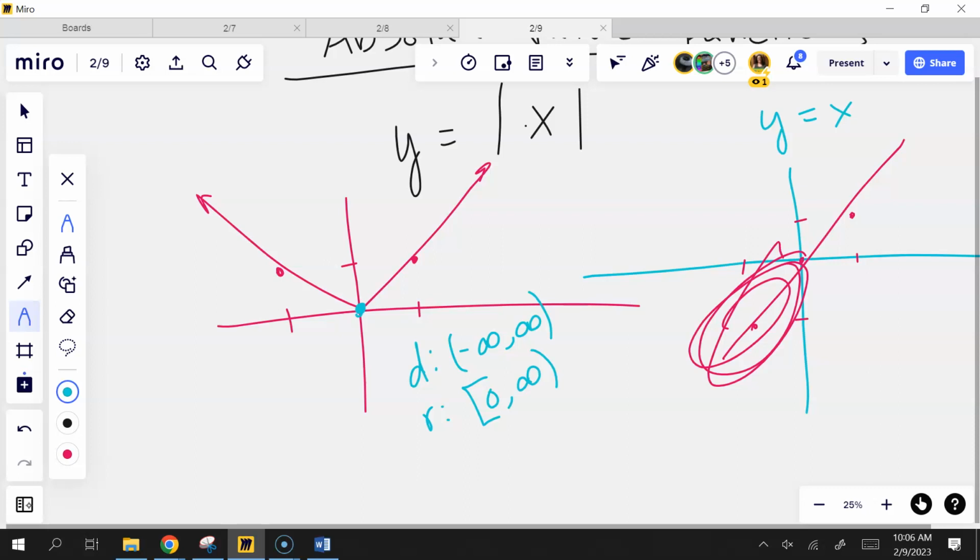The vertex. Just like with a quadratic and a parabola, that point was a vertex, this is still called a vertex. Okay, it's the origin on the Cartesian plane, but as far as on the graph itself of absolute value, it's the vertex. All right, not a lot with this other than this, and we're going to do some piecewise with absolute values. But let me show you how you graph them, because they won't just be the absolute value of x.